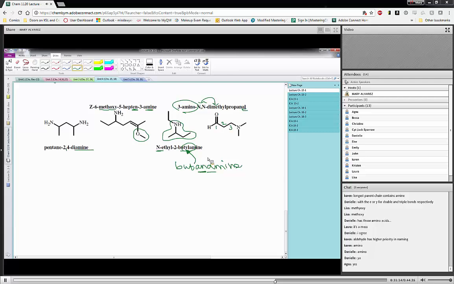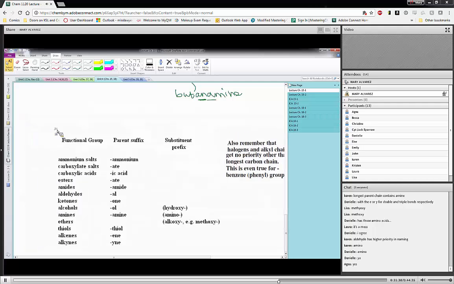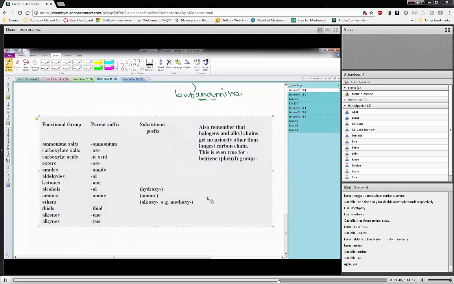Okay. Amines actually have pretty low priority. They do have priority, but it's lower than pretty much almost everything else that we've talked about. Here's a list I compiled for your lecture notes, showing all of the functional groups that we have covered so far and their naming priority.